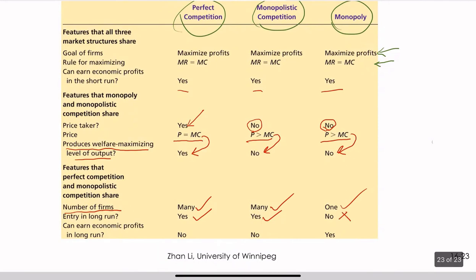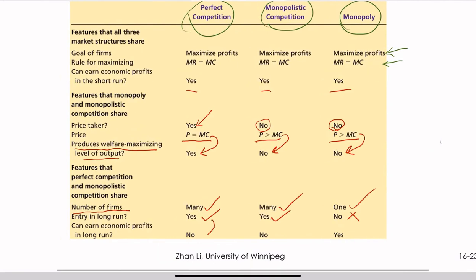And this is no. And you can see that because there is free entry in the long run, there is zero economic profit for perfect competition and zero economic profit for monopolistic competition. And potentially there is positive economic profit for a monopolist in the long run. Okay, great.